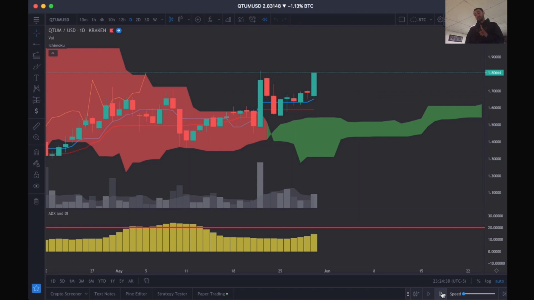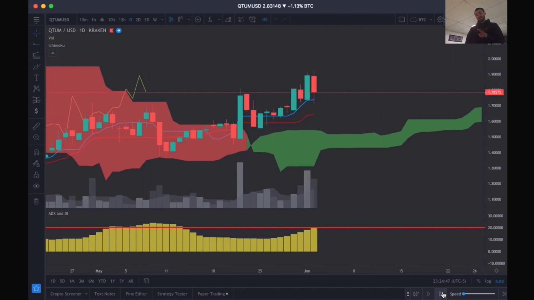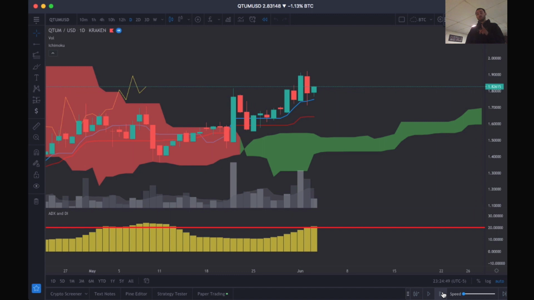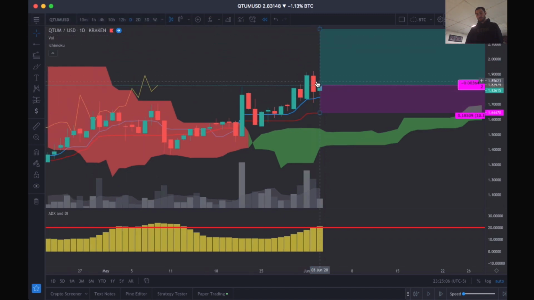Now, the only thing that's preventing us from taking a trade is the ADX. Right here, we can take a trade. Let's see what would have happened. Click on that, bring it right here, make this say 2 to 1, risk to reward ratio.